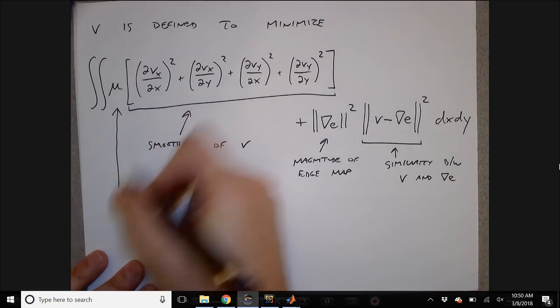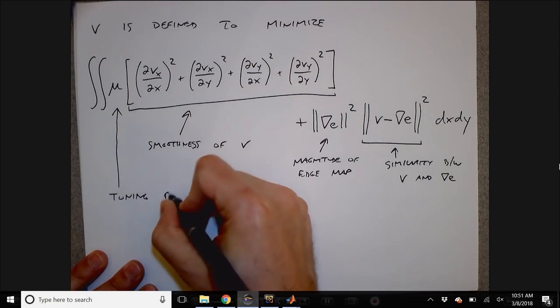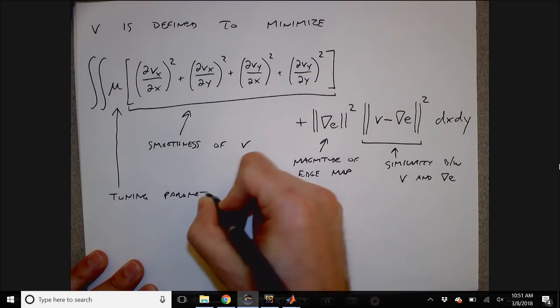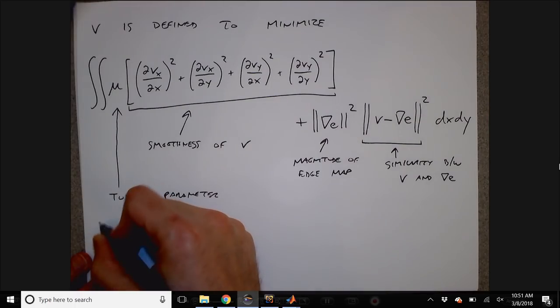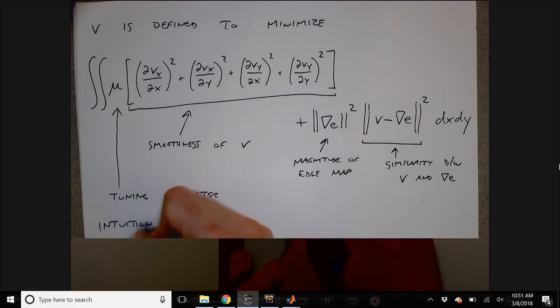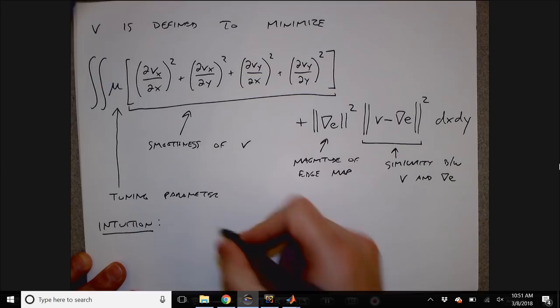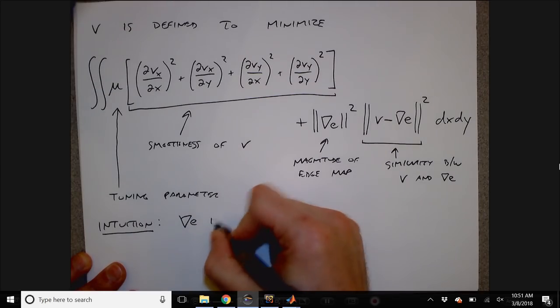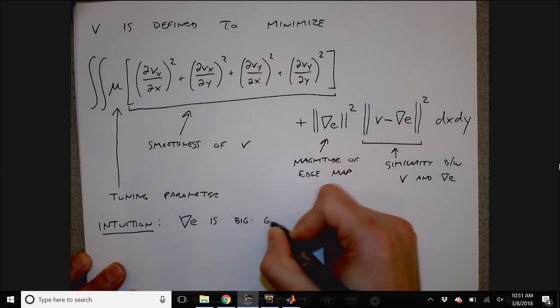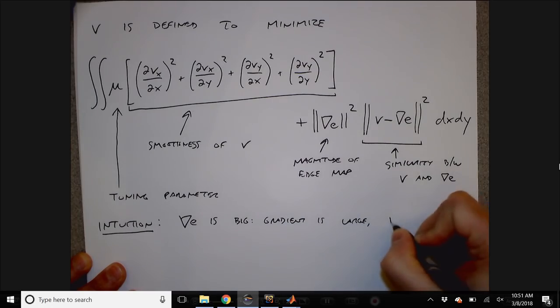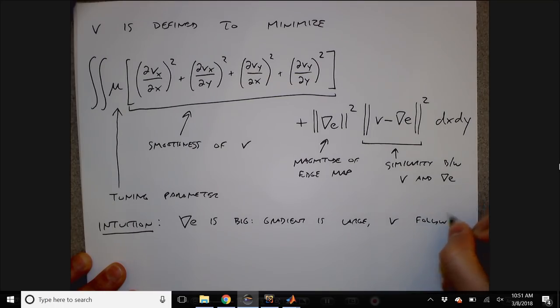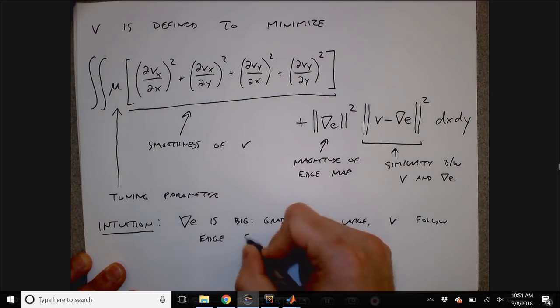And this here is a tuning parameter that trades off how smooth the vector field is versus how close it is to the edges. So let me recap what I just said. The intuition is that if this is big, that means the gradient is large, and then V is going to follow this edge gradient faithfully.